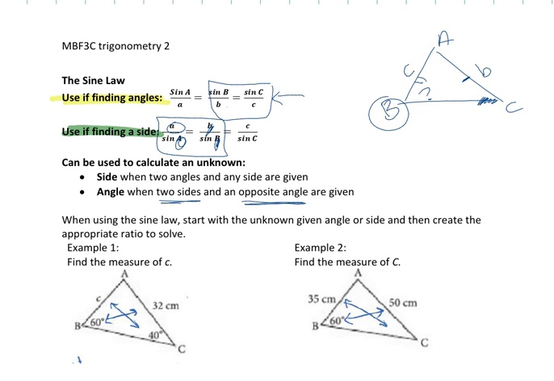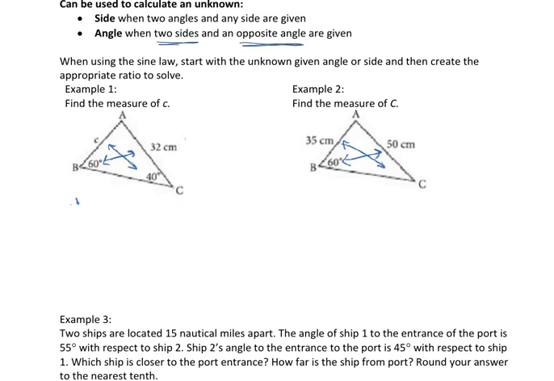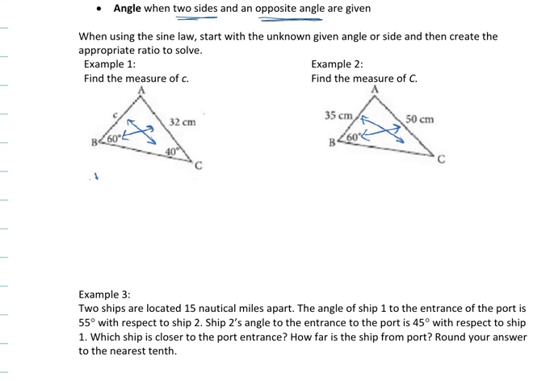Okay, let's look at an example because then it will make sense when I look at an example. Okay, so the question is asking you to find measure of C. Since it's a small c, that means it's a side or an angle.